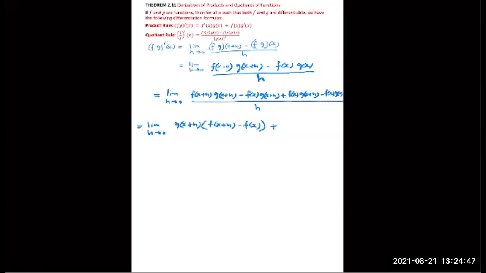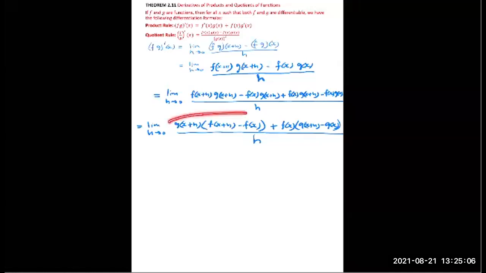And then from the remaining two terms, I'm going to pull out the f of x. Then you get f of x times g of x plus h minus g of x, everything divided by h.